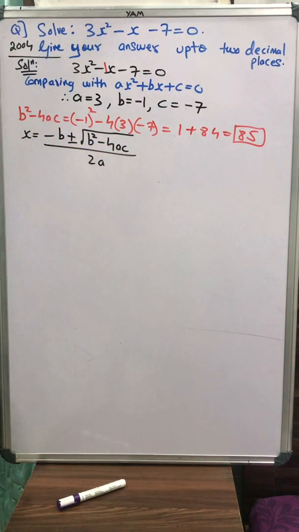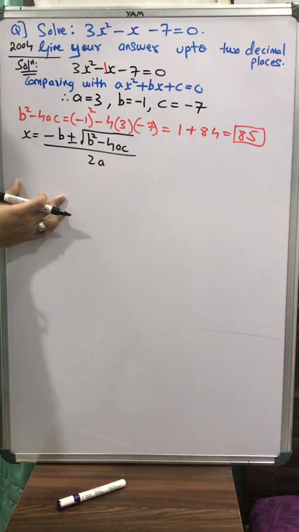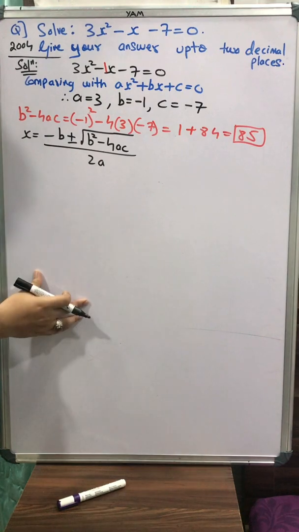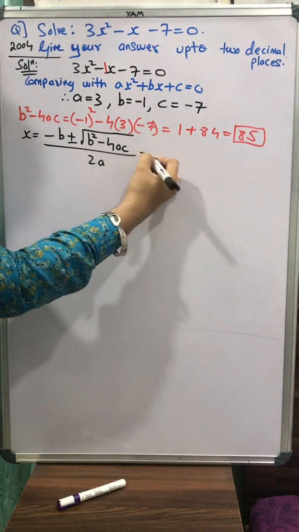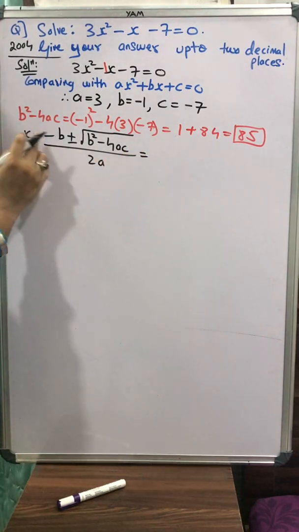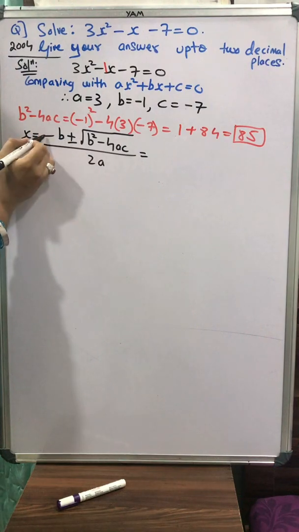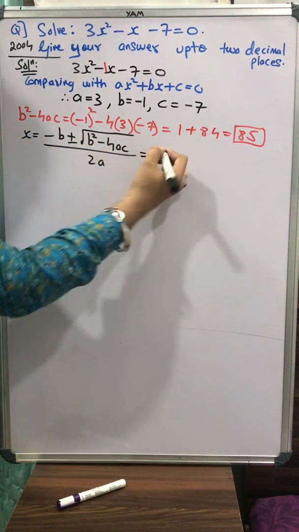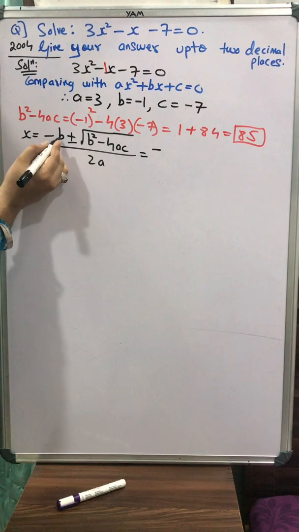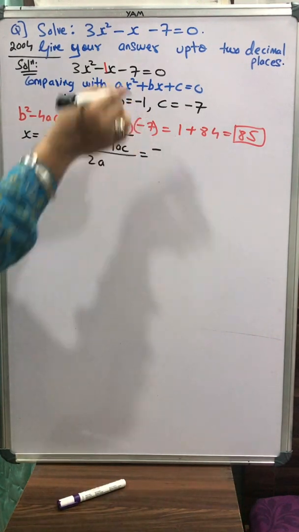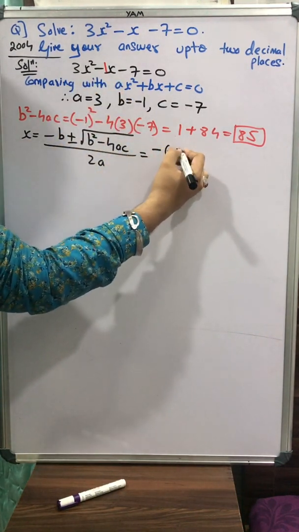Once again I will request you students, I don't have place, that's the reason I'm not writing it down here. You have to leave a line and write over here, but I am writing over here. So value of x is minus b, minus, this minus is of the formula, so I'll copy this minus as it is minus. B, what is the value of b, students? B itself is minus 1, so I'll write minus 1 in the bracket.